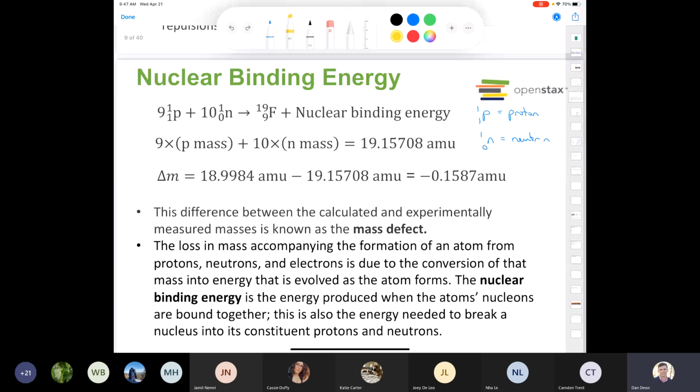Now, again, if I combine 9 protons and 10 neutrons, I make a fluorine-19 nucleus. Plus, I'm going to release some nuclear binding energy. How much nuclear binding energy is going to be released? Let me show you.